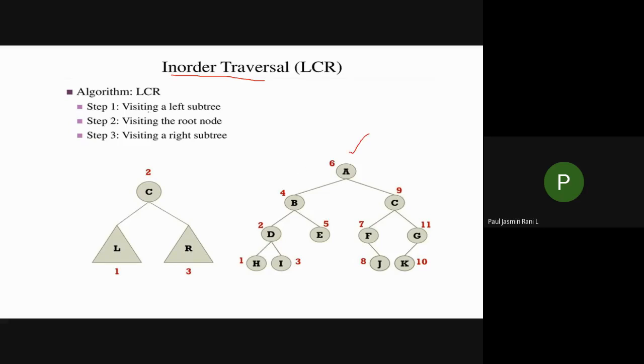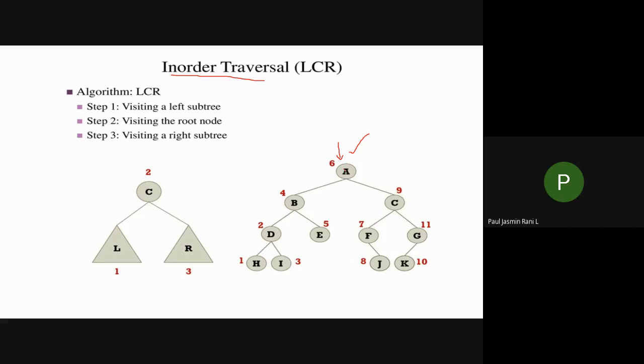First you are going to visit the left subtree. Remember one thing: when you start a traversal, you will always be at the root node in the initial stage. So let us consider now I am at root node A.